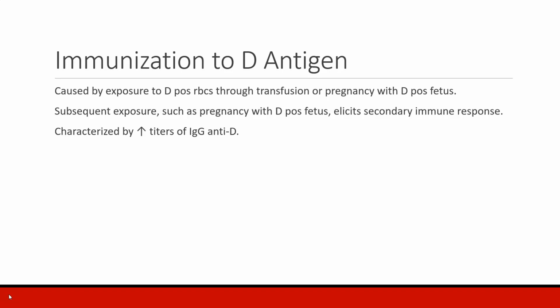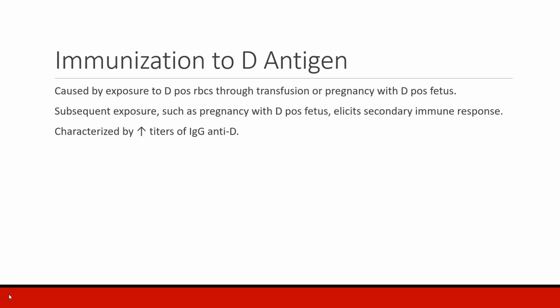They say as little as 0.1 mL of red cells can cause immunization to the D antigen. Subsequent exposures, such as pregnancy with a D positive fetus, will elicit that secondary immune response, so you get this bounce in titer that's incredibly fast due to re-exposure.